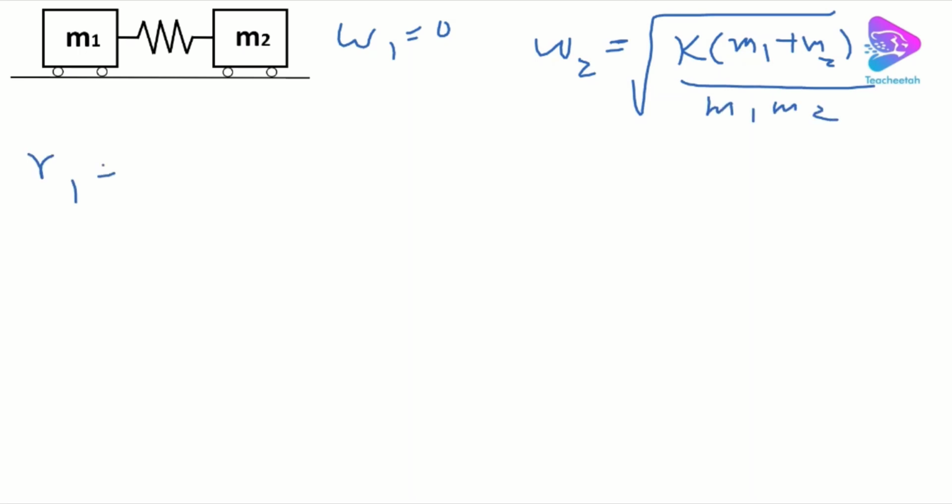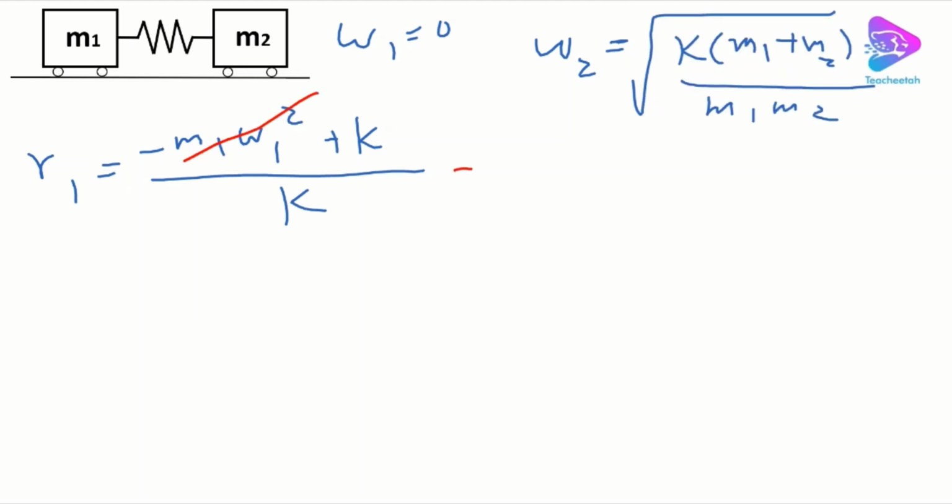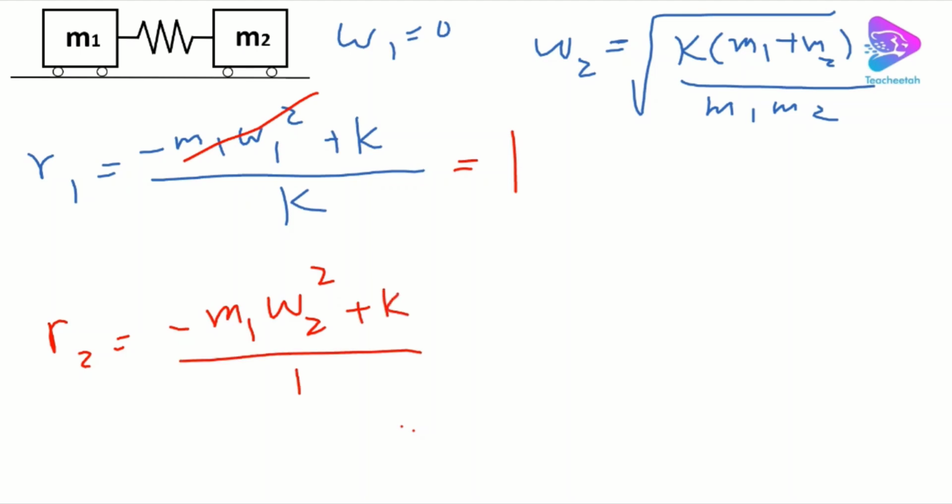For r1, we got (minus m1 omega 1 squared plus k) divided by k, where we know omega 1 equal to 0, so this is 0 and gives us 1. Interesting, right? So the amplitude ratio for the first mode is 1, and for r2 we just have to plug in omega 2 squared, so (minus m1 omega 2 squared plus k) divided by k.